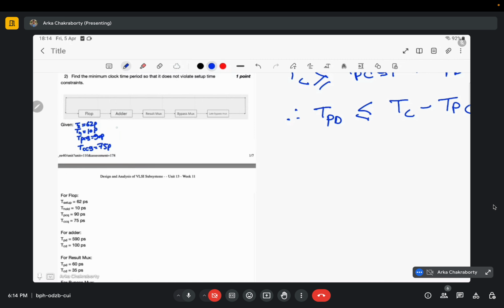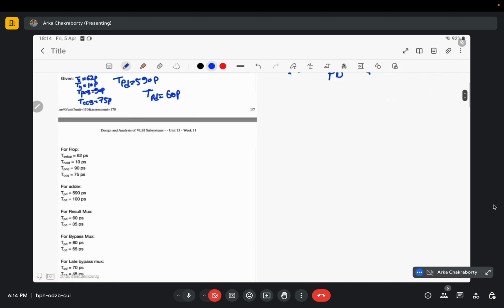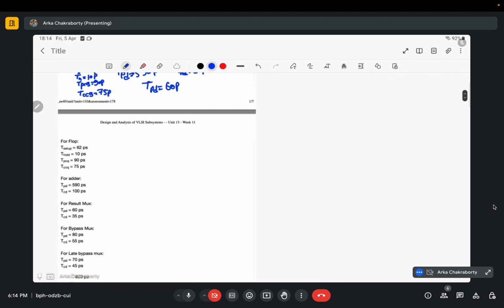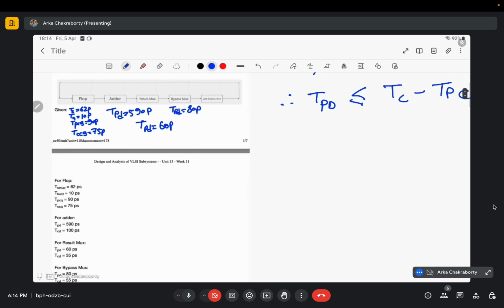For adder, propagation delay is 590. For result mux, propagation delay is 60 pico. For bypass mux, TPD is 80 pico. And for late bypass, propagation delay is 70 pico.